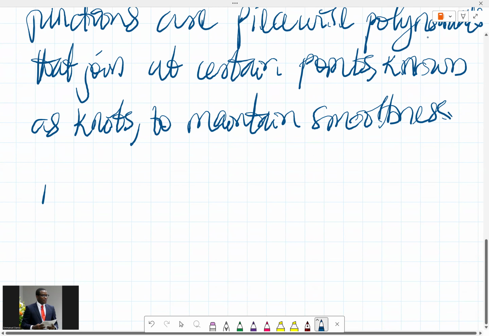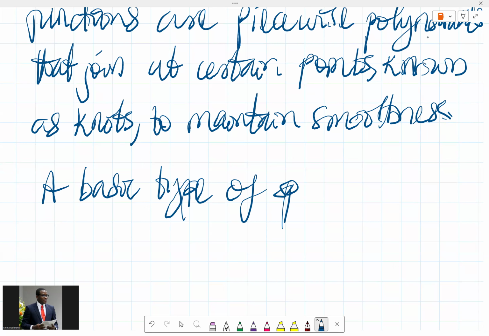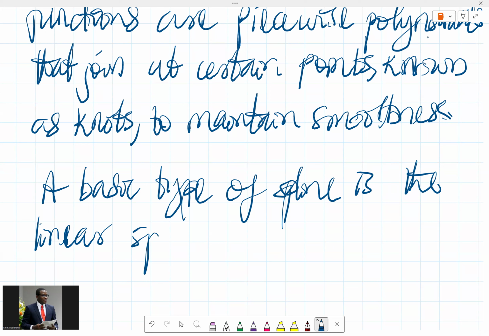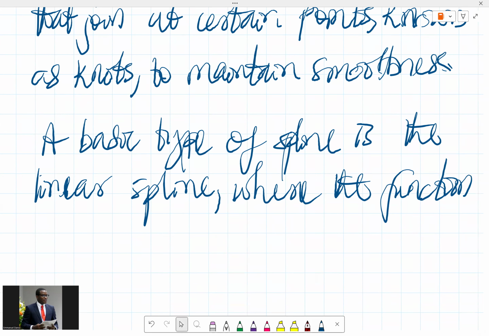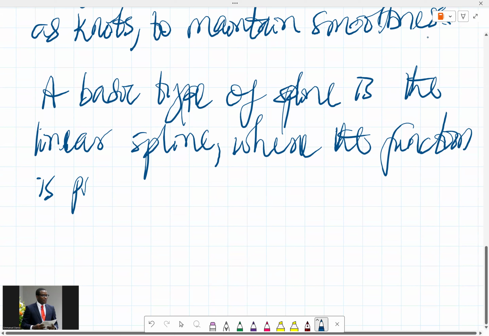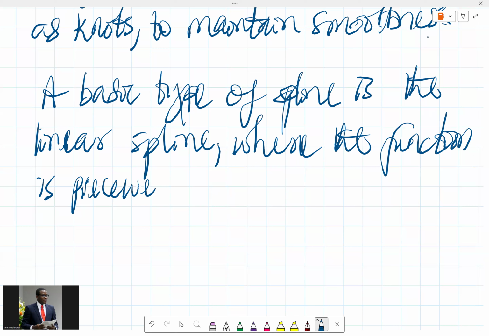A basic type of spline is the linear spline, where the function is piecewise linear.